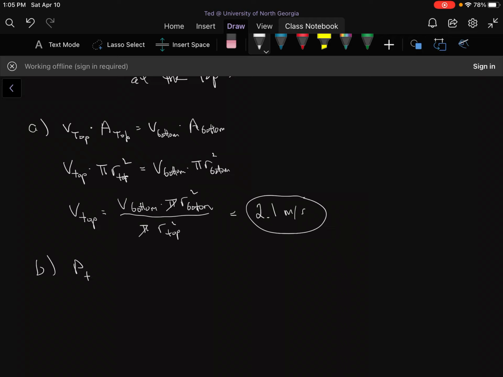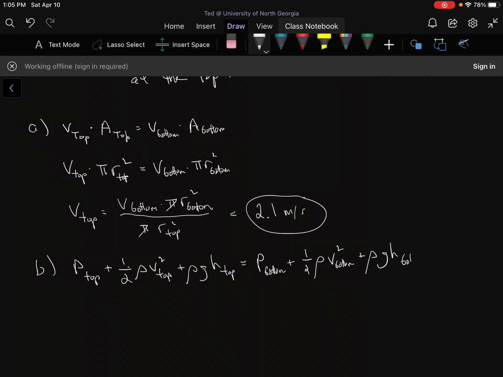It says the pressure at the top plus 1/2 density velocity at the top squared plus rho g h at the top is equal to the pressure at the bottom plus 1/2 rho velocity at the bottom squared plus rho g h at the bottom.